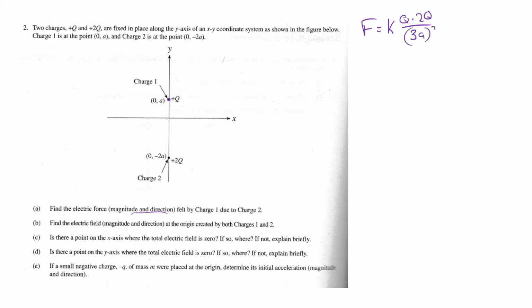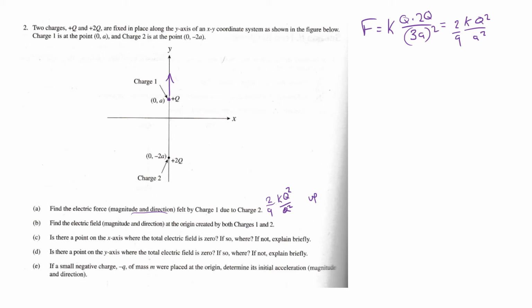And that's going to be squared. All right. So let's simplify this a little bit. So we're going to have K Q squared over A squared. We're going to have a 2 over 9. So 2 over 9 KQ squared over A squared. So wonderful. Oh, and then direction. This is going to be pushed up. Up.